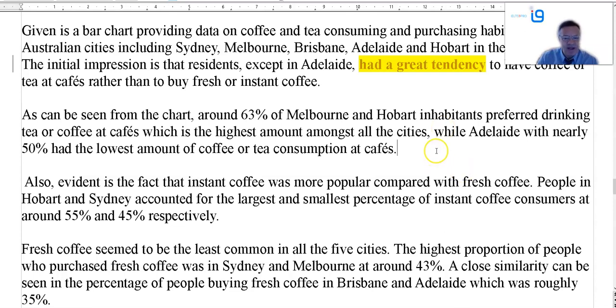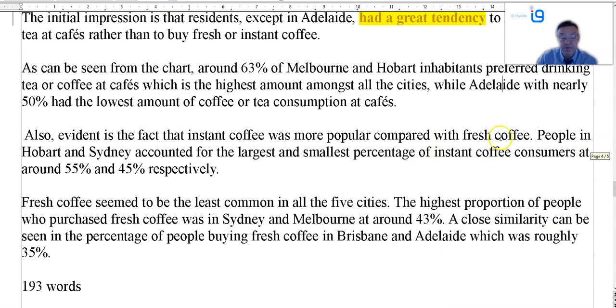Okay. So there's only 3 cities there. Now you need to be careful. I would include all the data here. So you've got 1, 2, 3. I would have put the 4 and then put the exception: instant coffee, more popular; fresh coffee, essentially.